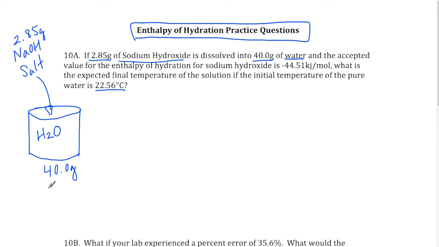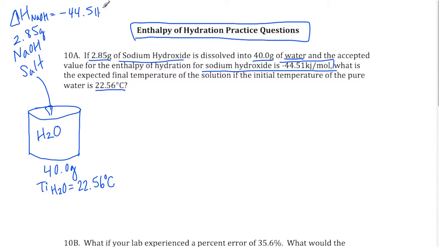I have the temperature of the water. My initial temperature of my water is 22.56 degrees C. And because the sodium hydroxide has an enthalpy of hydration that is negative, this is telling me that the delta H, my enthalpy of hydration for NaOH, is negative 44.51 kilojoules for every 1 mole of sodium hydroxide.